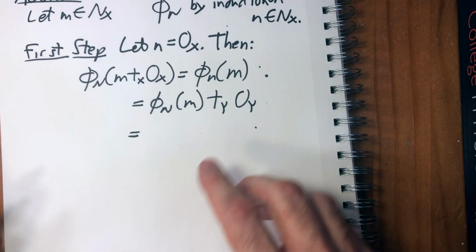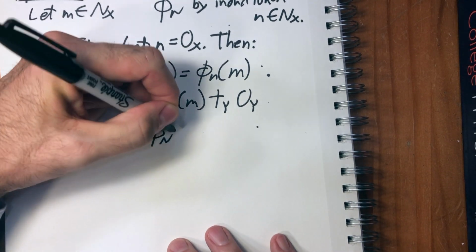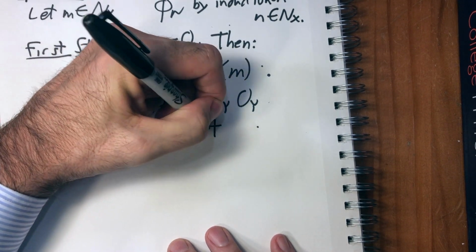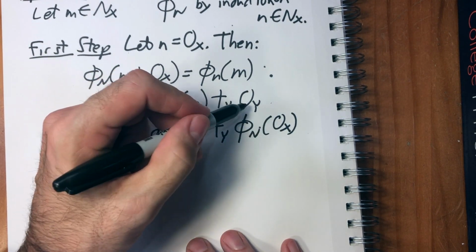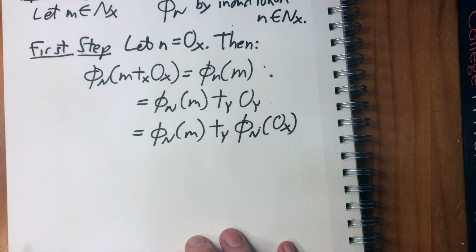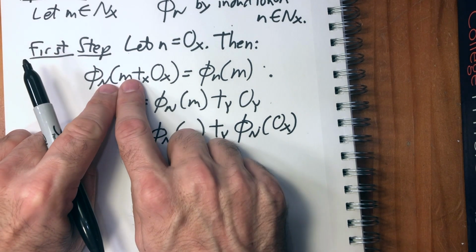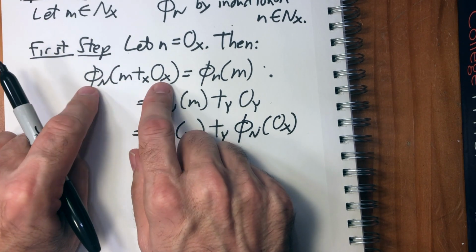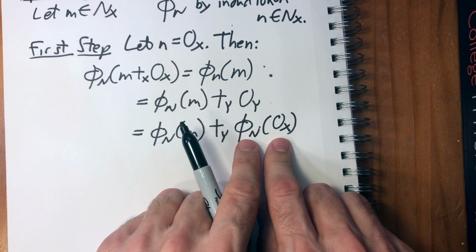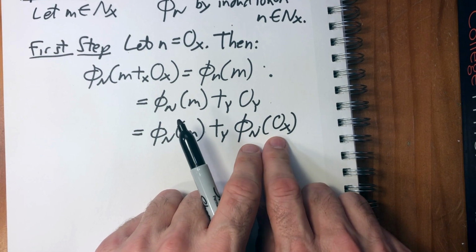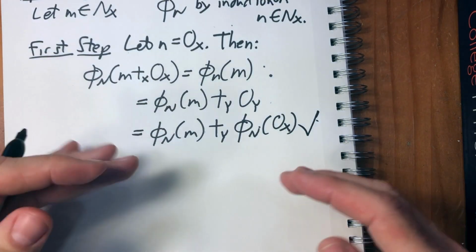And then we can change this. We know that 0 in x is sent to 0 in y. So we have phi of m plus 0 in x equals phi of m plus phi of 0 in y. So that's the 0 step.